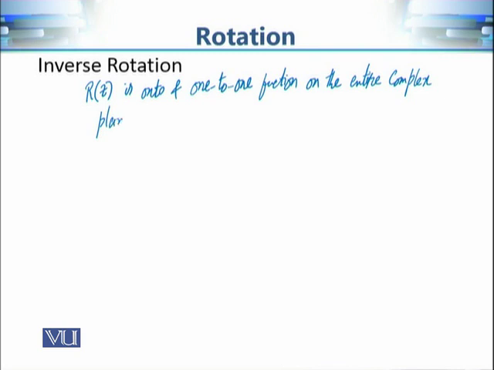So if this is onto and one-to-one, then we can talk about the inverse of this rotation transformation. If W is equal to R of Z, and we know R of Z is R e raised to power iota theta multiplied by e raised to power iota alpha, then we can calculate the value of Z in terms of W. This becomes e raised to power minus iota alpha into W.